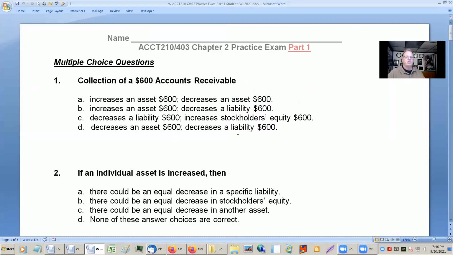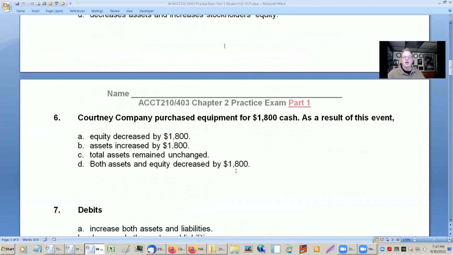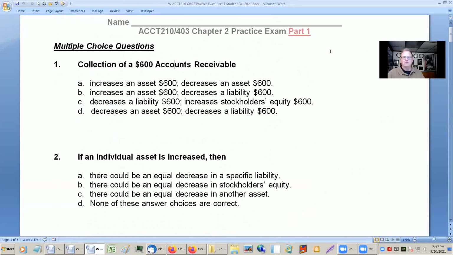For each one of these, choose A, B, C, or D, whichever one you believe is the correct answer, and do this for all 10 of them, and then submit it.